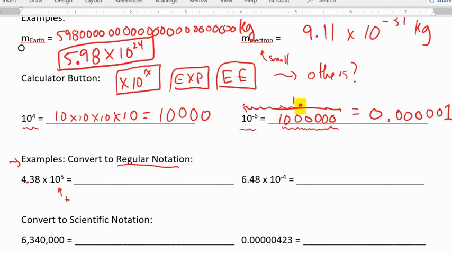Okay, so if I imagine starting here and going 1, 2, and then kind of keep going without me making a big mess of it, you'd end up with a number that looks like 438,000. Okay, so this is where the decimal place ends up after moving 5 times to the right.